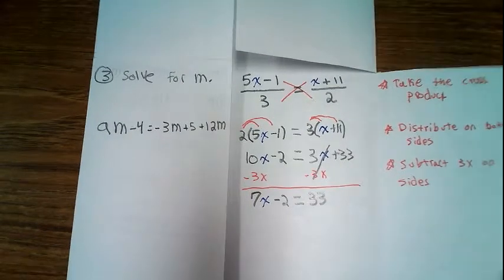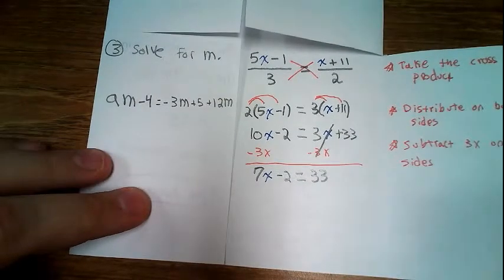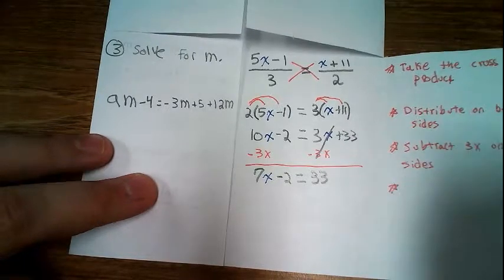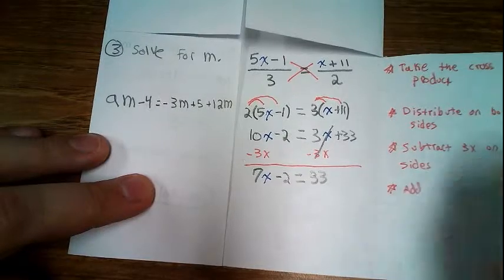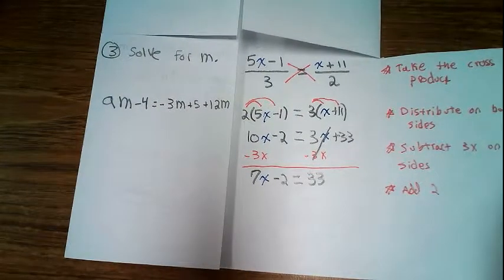So now I have the x on its own side, but it's not by itself, so I have to start moving things away from it. And I start from the outside working in, so I'm going to add 2, because that's the opposite of subtraction. Add 2 to both sides.